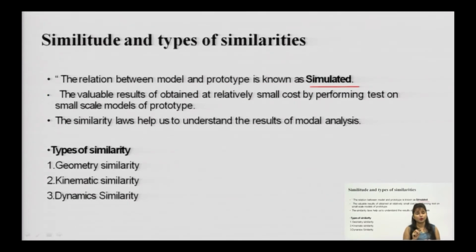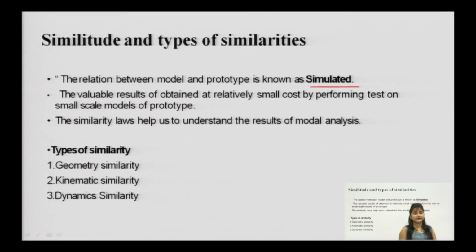This similarity law helps us understand the results of model analysis when we perform various tests on small scale models of the prototype. That analysis helps us understand the future results which we are going to find out or face.